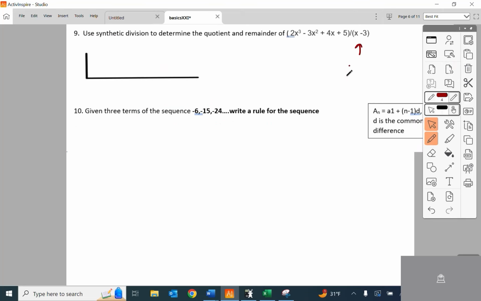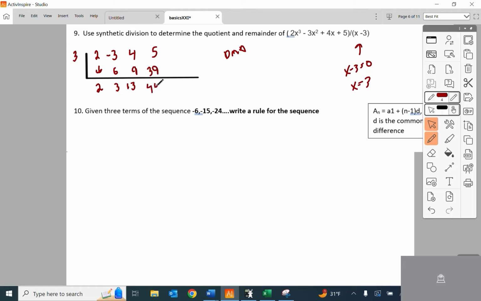All right, this guy. We always change the sign. This one doesn't need a placeholder. You just have to make sure you get your signs right. And we drop. And we multiply. And we add. And we multiply. 4 and 9 makes 13. Sorry, and we add, we don't multiply. And we multiply.